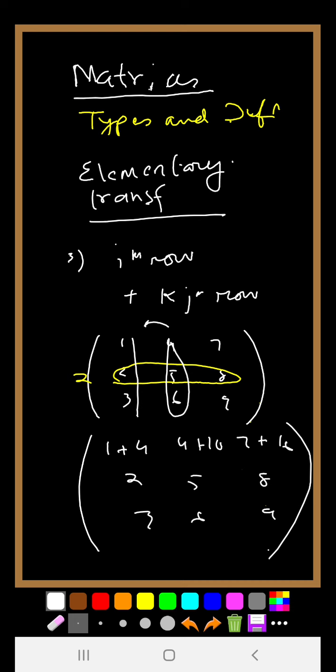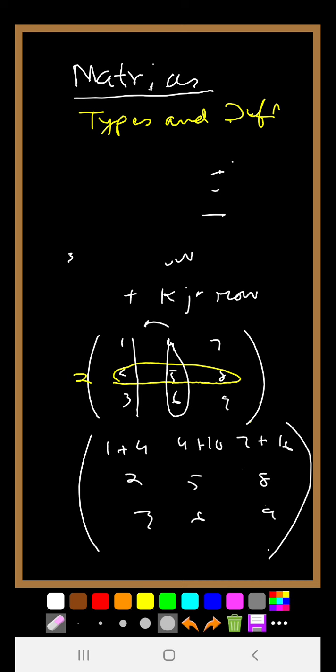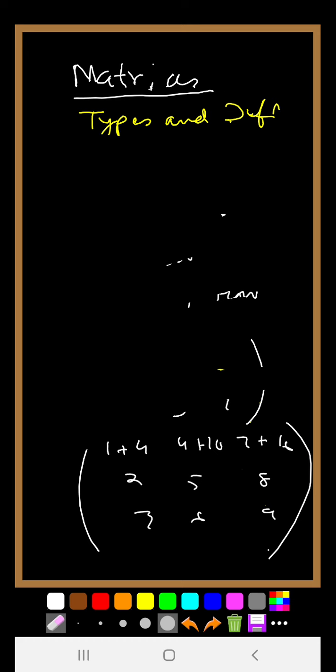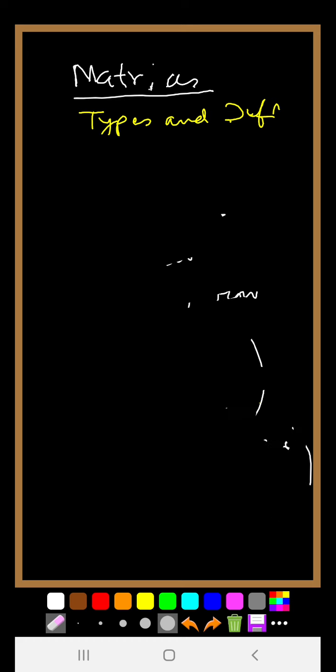Okay, so the next topic is when we say that two matrices are equivalent. When do we say that matrix A is equivalent to matrix B?